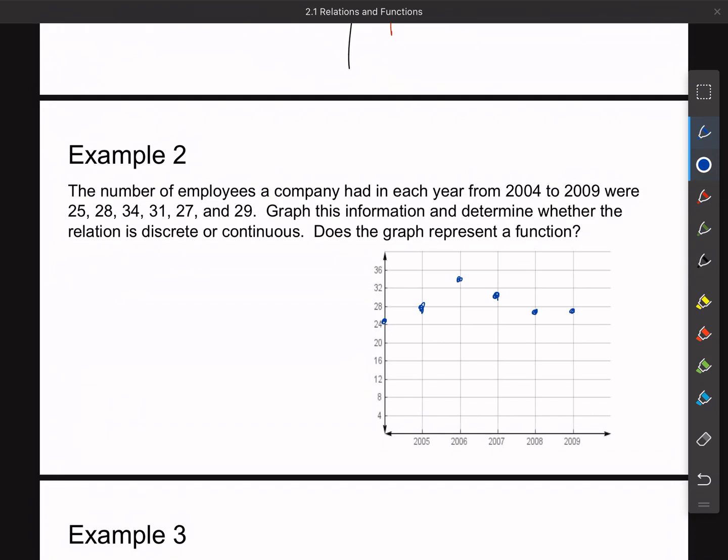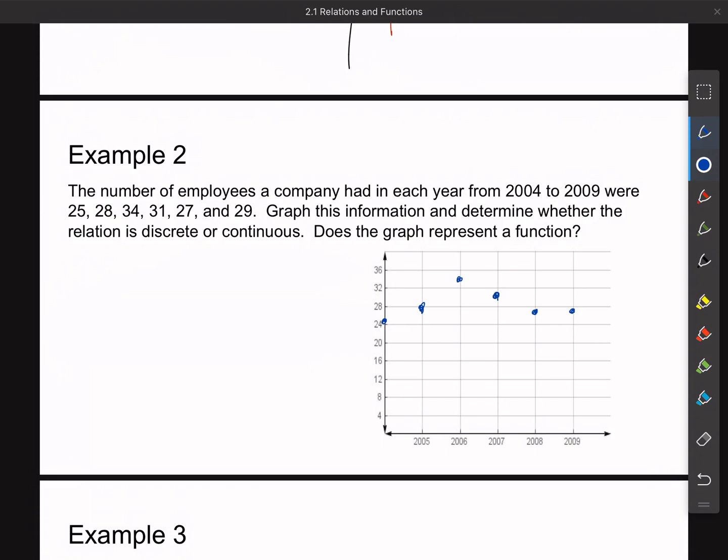Okay, so it says here that we're supposed to determine, is this relation discrete or is it continuous? For this one, if you connected those dots for some reason, you could say that this is continuous.